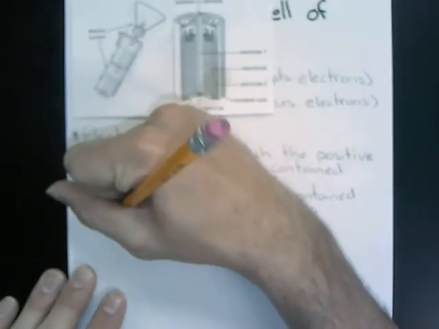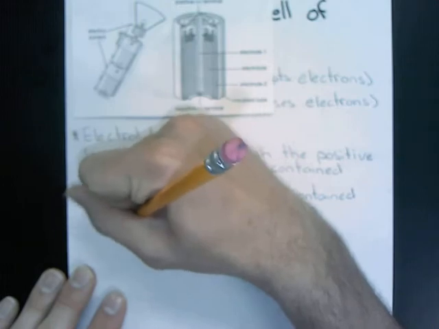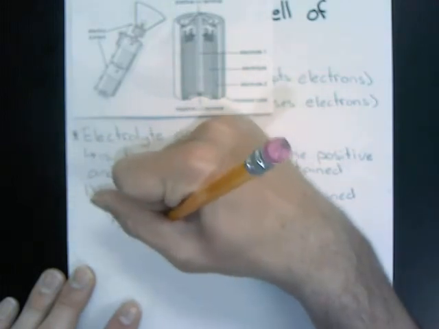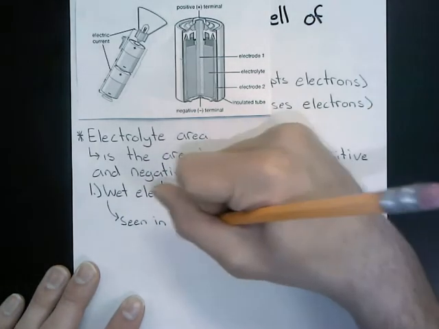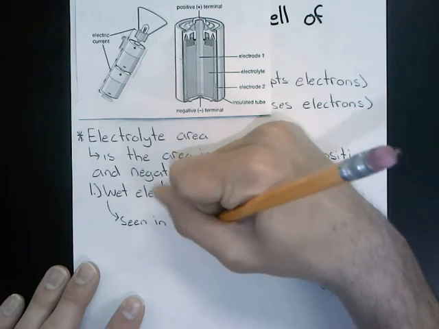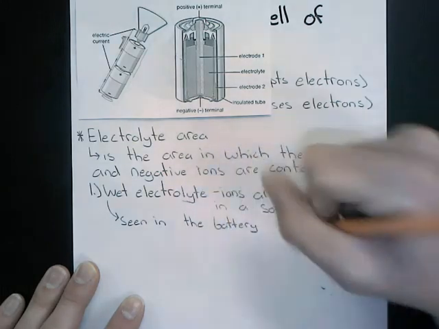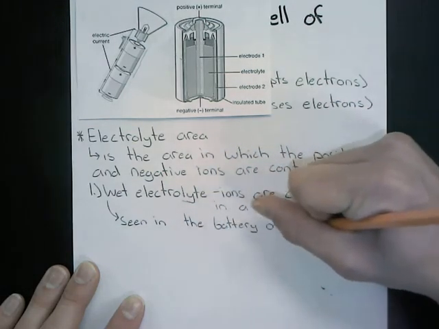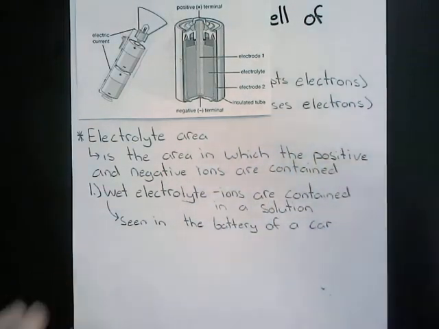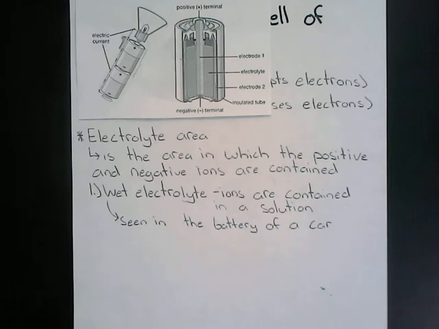So I want you to note that it is seen in the battery of a car. And in the case of a car battery, that wet electrolyte is a solution of sulfuric acid.